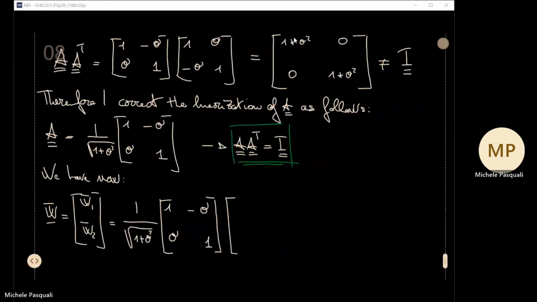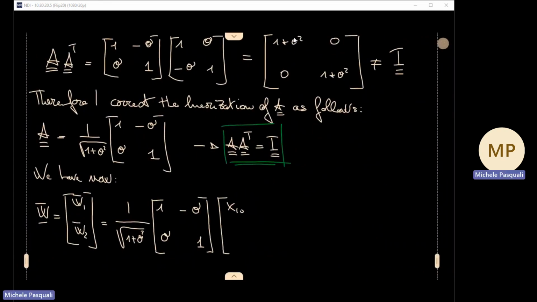So I write it. Minus. So what is x10 vector in this case? This is a 1D case, if you remember. So what is the initial position of a point? Well, typically it is always on the line, on the direction described by I1, right?